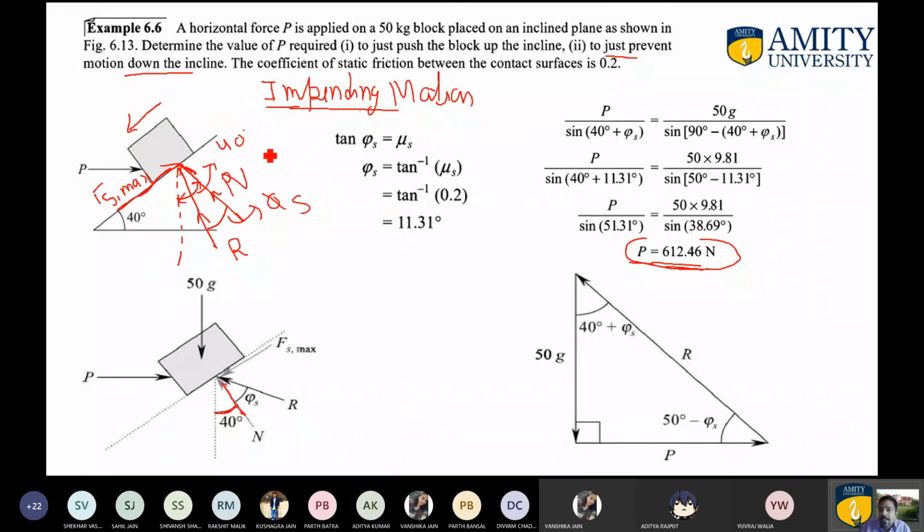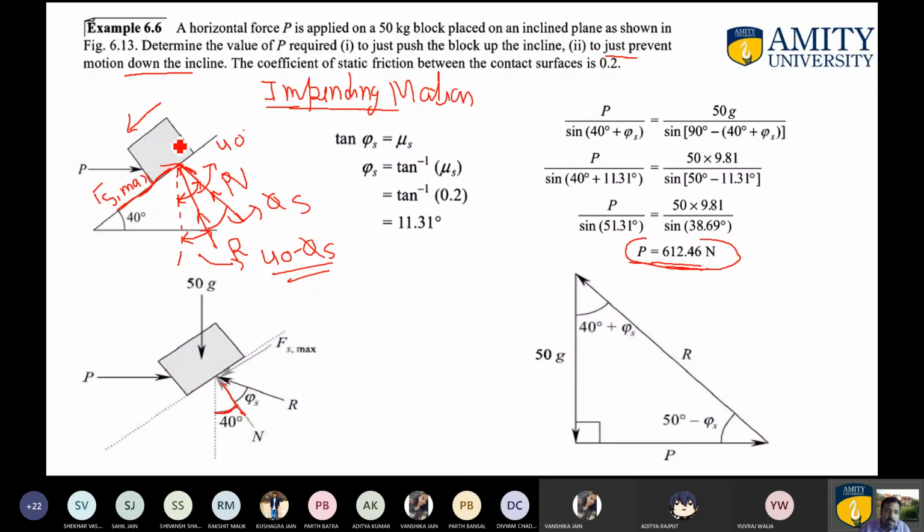From here you can easily conclude that R will make an angle with the vertical, which is this one, of 40 minus phi s. So this is the only modification. In the previous case, the angle made by R with vertical was 40 plus phi s. Over here, the angle made by R with vertical will be 40 minus phi s. So this is the modification.